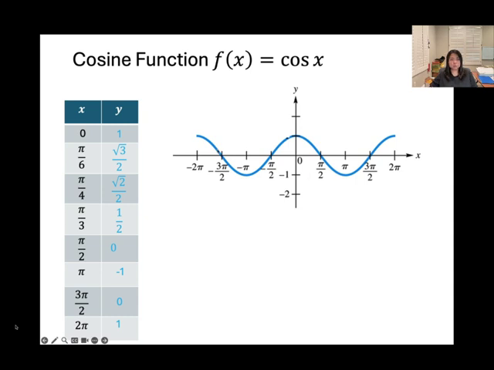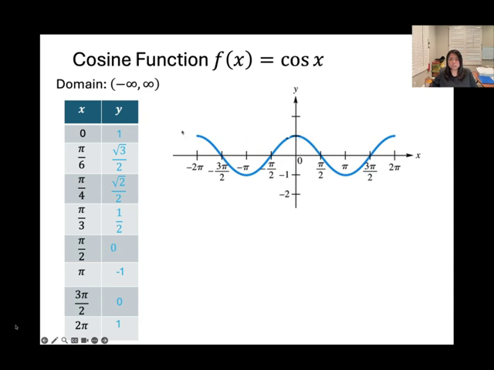And then, what is the domain for cosine x? You could keep extending, right? Here and here. So the domain will be from negative infinity to positive infinity. How about the range, the possible values of y? Same idea, right?